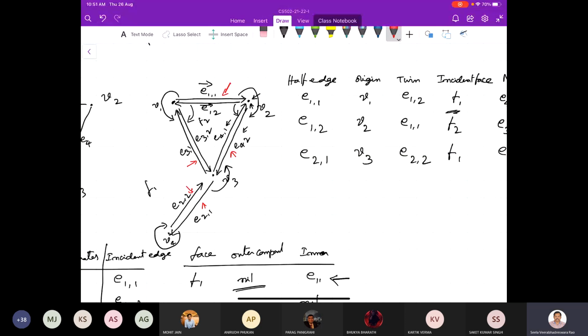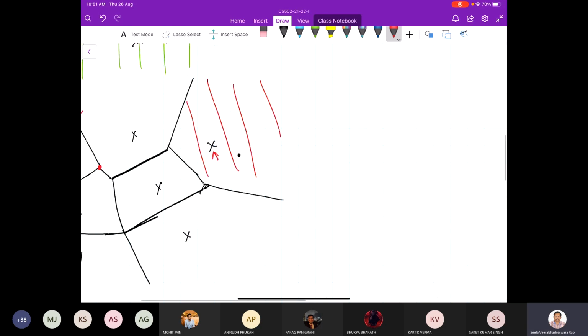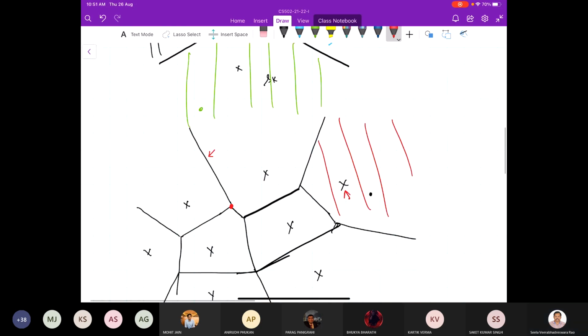Suppose for some planar straight-line embedded graph, a doubly connected edge list is given to us. Assume that one. So using this data structure, what information do you want to compute? That's one question. Suppose look at this Voronoi diagram here.